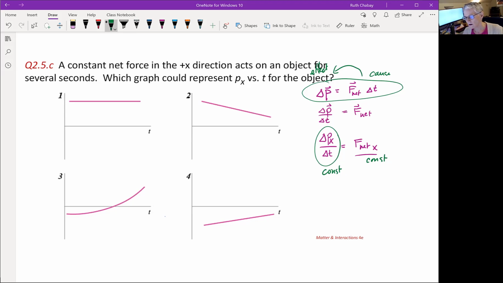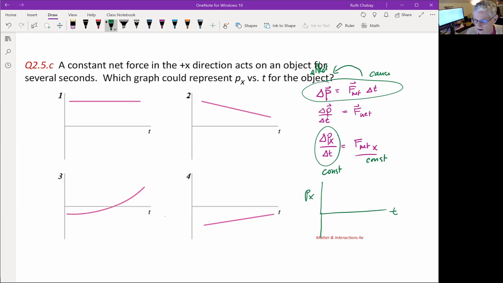Now, the slope of this line of p sub x versus t gives us dp_x/dt, and that should be equal to the net force. So if the net force is 0, the slope of this line should be 0.